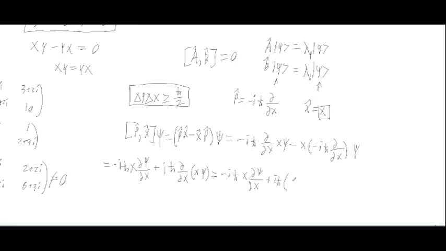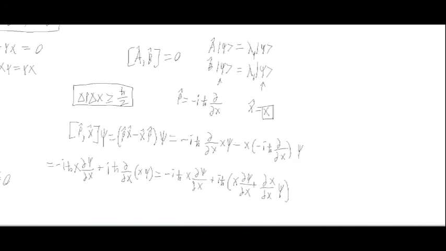Then we have x partial of psi with respect to x plus the partial of x with respect to x and psi. This here is coming from the product rule, and I've just carried this outside of it. And so we have this, and then you can probably see where this is going.